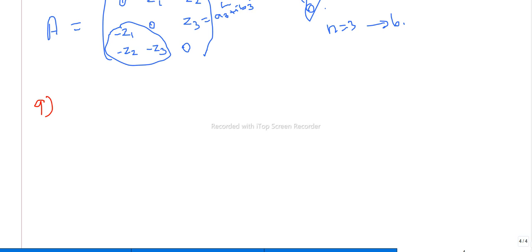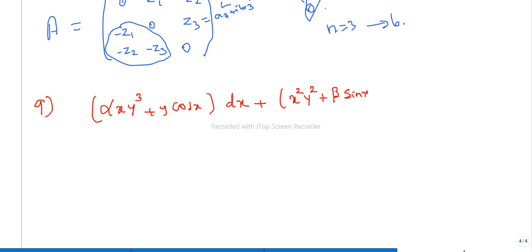The equation alpha times x y cube plus y cos x times dx plus x square y square plus beta times sin x into dy equal to 0 is exact for what values of alpha and beta?